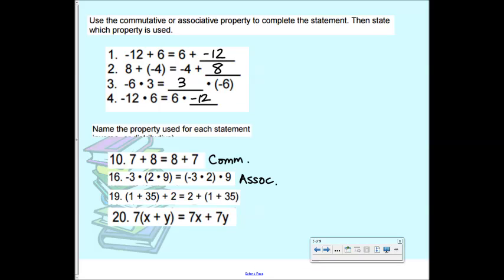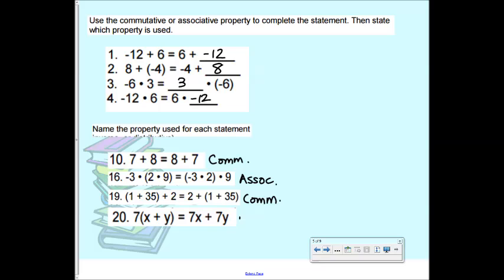All right, what about this one? This is the commutative property. Why? The order changed, but what was inside the parentheses, did that change? No, it was still 1 plus 35. All right, and then down here, what property is this? Distributive. Why? You're handing out the 7 to everything inside it, right?